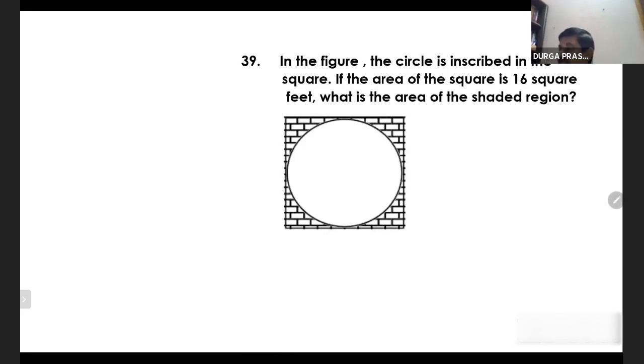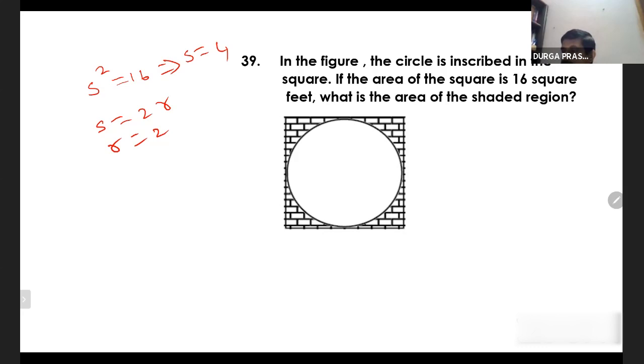In the figure, the circle is inscribed in the square. The area of the square is side square, that is 16, implies S is equal to 4. S is also equal to 2 times radius, diameter. So R equal to 2. So what is the area of the shaded region? That is square area minus circular area.